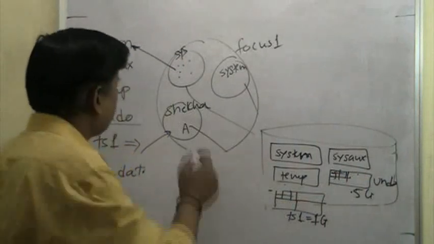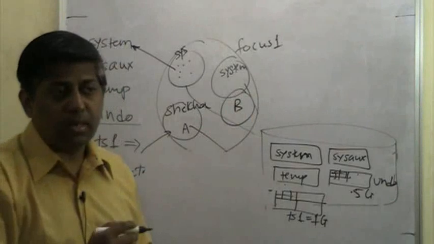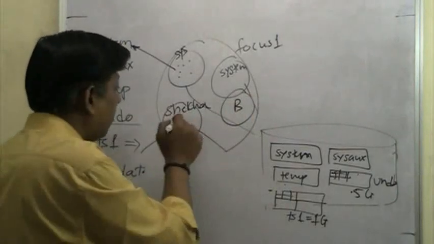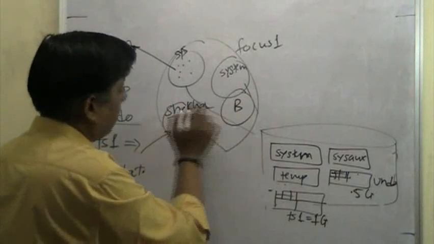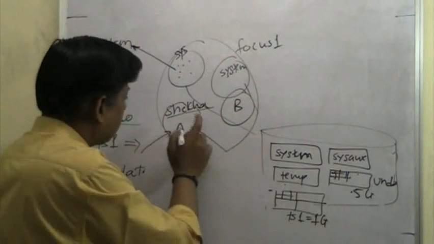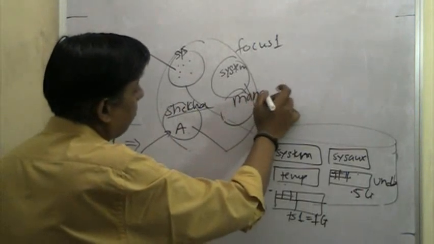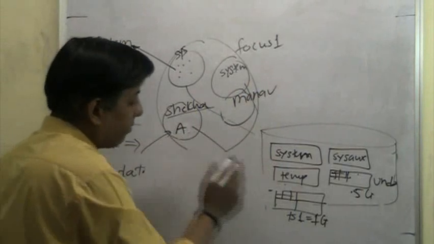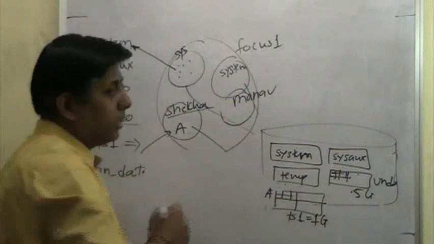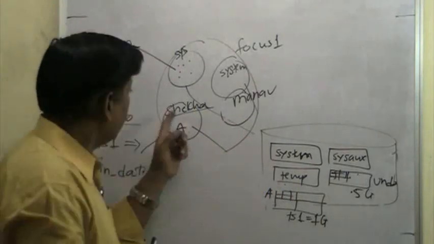At that time, another user comes in, user B, and he executes a command, select star from a dot employee. The user is Shaker. There is a table called A, and this is user Manav. Now Manav comes in, table data is deleted from A. Manav types the command, select star from Shaker.a.